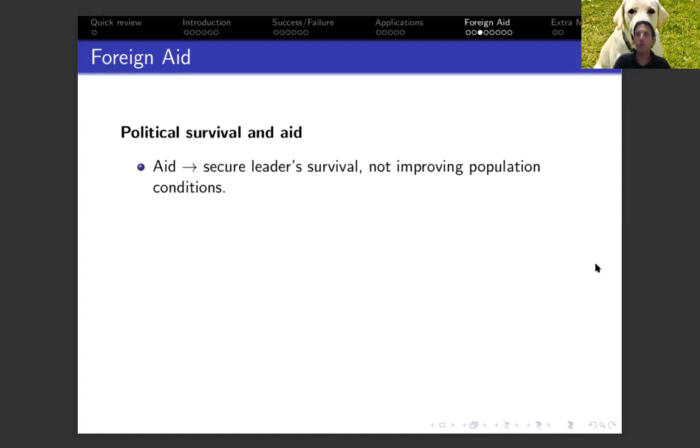That already places a very problematic restriction on the normative angle of why we want to provide aid. Allegedly, we want to provide aid to improve the living conditions of the populations. But in many cases, those leaders who get this aid actually use it for their own benefit, to secure their own survival.